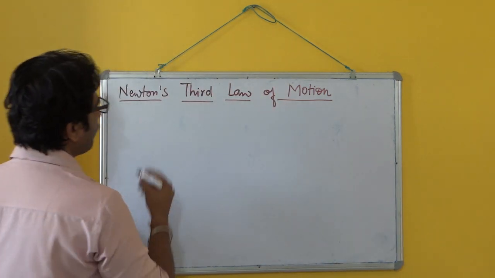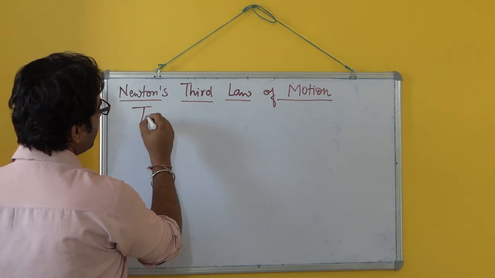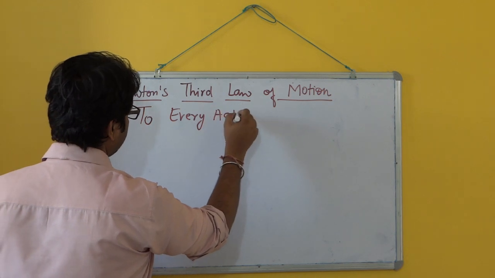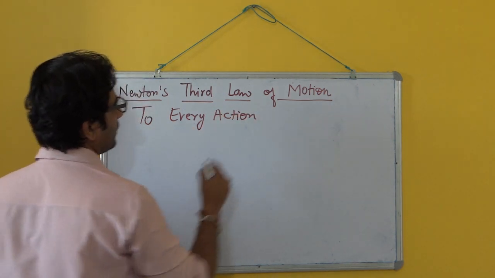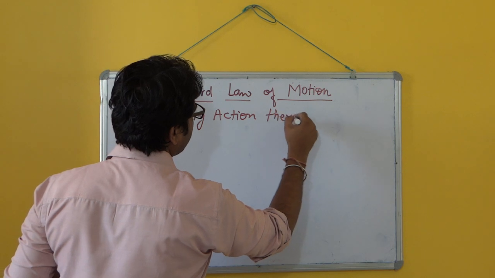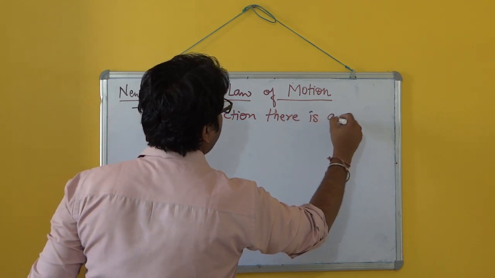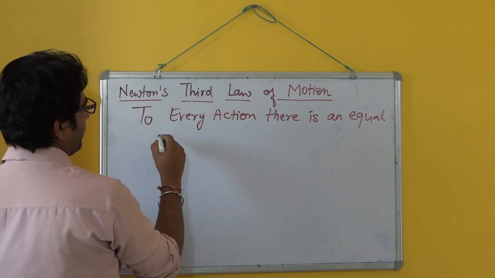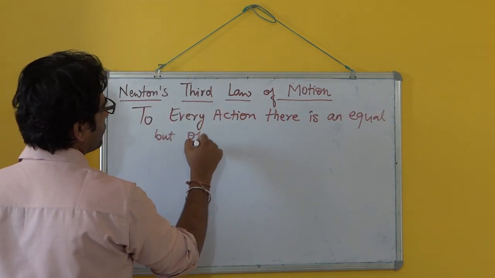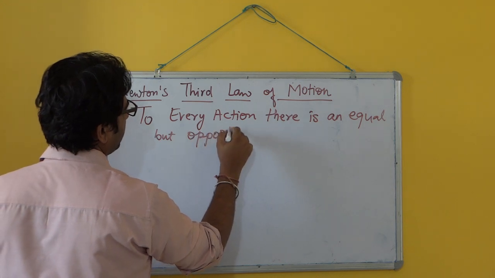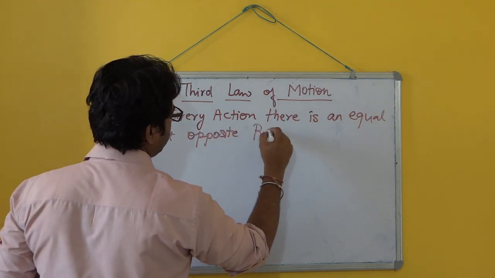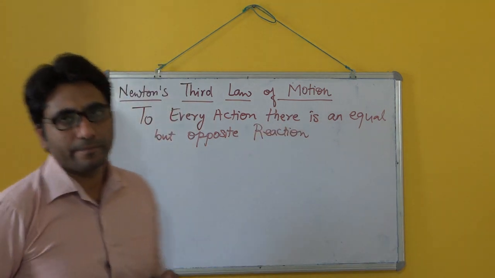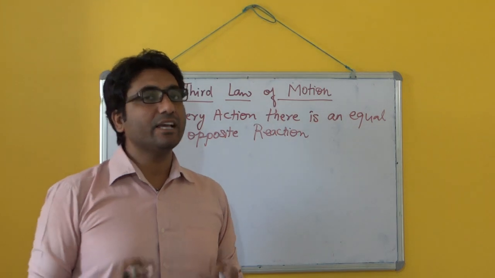By Newton's third law we mean that to every action there is an equal but opposite reaction. What does this mean? To every action there is equal and opposite reaction.